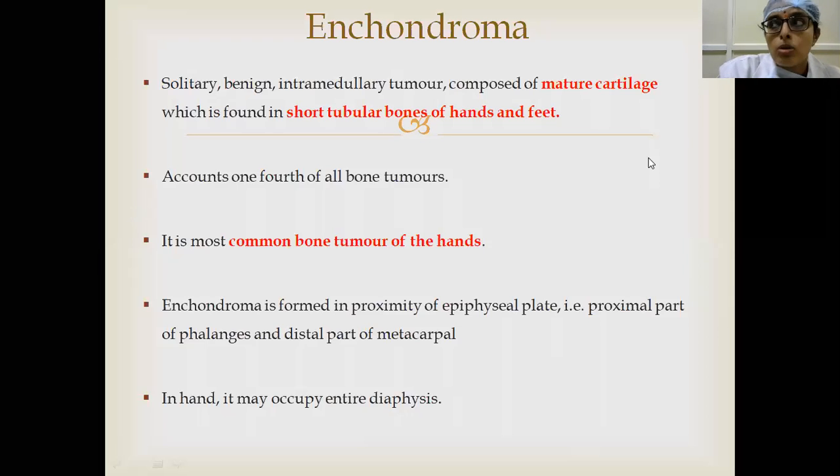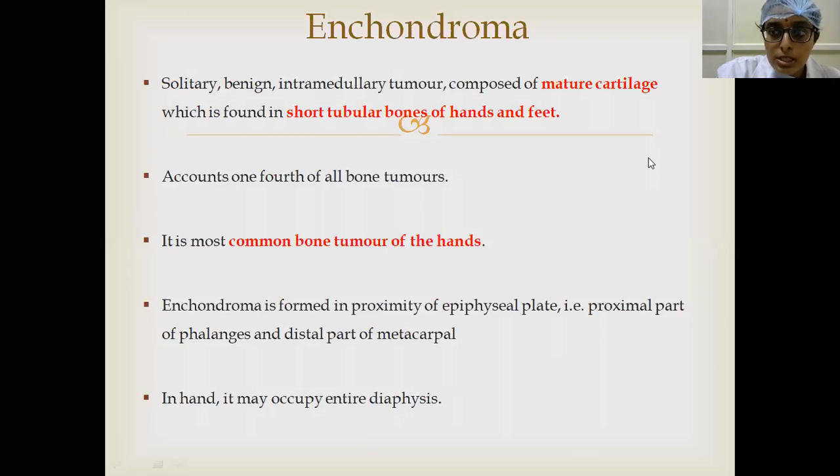And till now, in all the tumors we have seen, we found a few common points. Most of the tumors are male predominant, and most of them are found in the first 2 decades of life. Most of them are in long bones, usually the distal femur, proximal tibia, and distal radius.